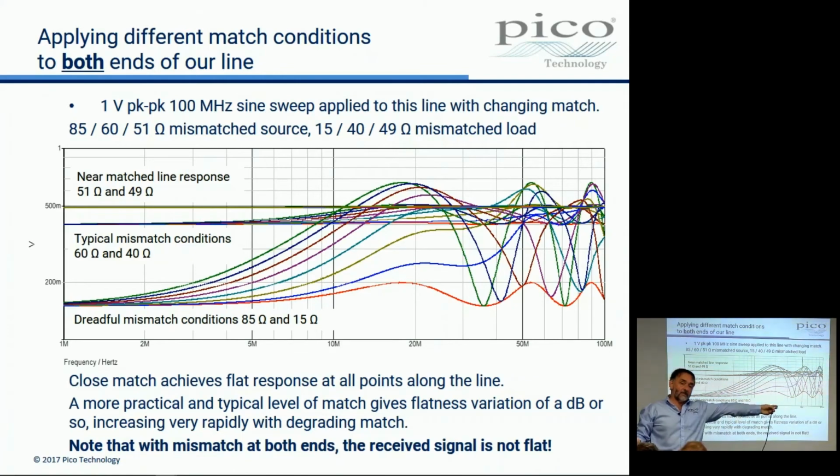So I wouldn't get the same signal out of the end as I sent in. If it comes down to 60 and 40, which is pretty typical, most lines you see are matched something like this. You can see even then, in the red line, the load line, there's a little bit of ripple. And with a very good match, 51 ohms and 49, all the way along the line we're getting pretty flat responses through to the load. So good match is essential.